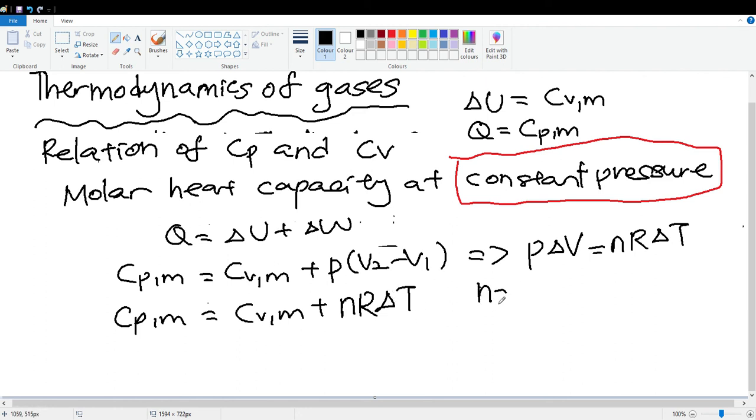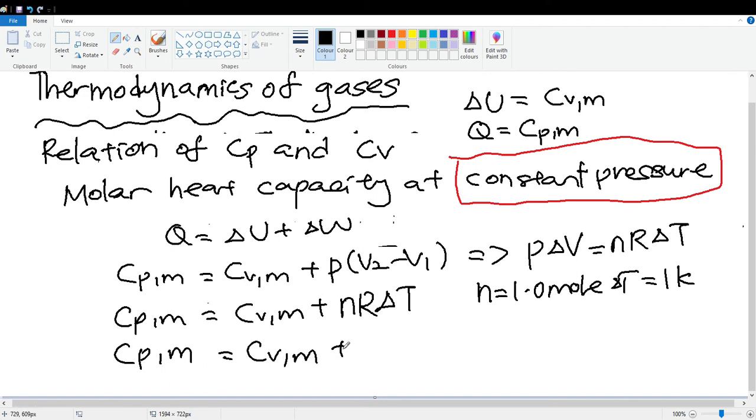Since my n is 1 mole, and my T is 1K as we mentioned in the previous parts, Cpm is equal to Cvm plus R. So we have the relation between Cpm and Cvm, which is Cpm equals Cvm plus R. So this is the relation.